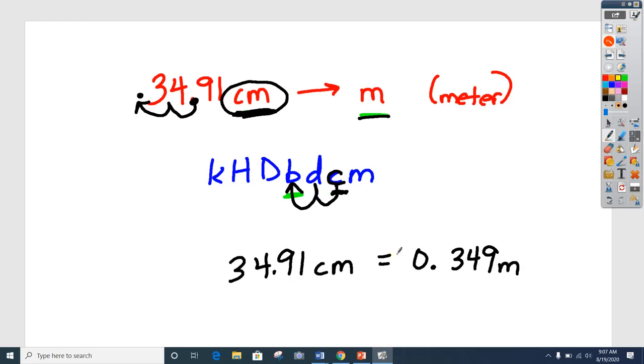I put this little 0 at the front just so you can see my decimal a little better. You do not have to write that. You can write your answer as just 0.349 if you prefer. That's perfectly acceptable.